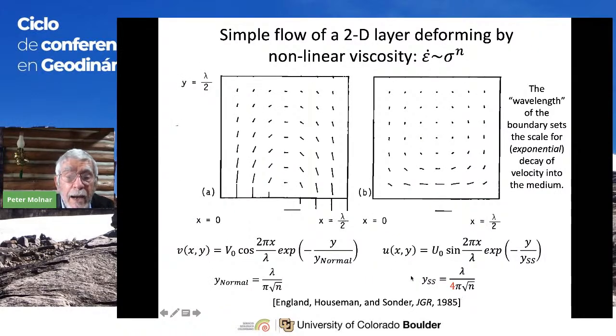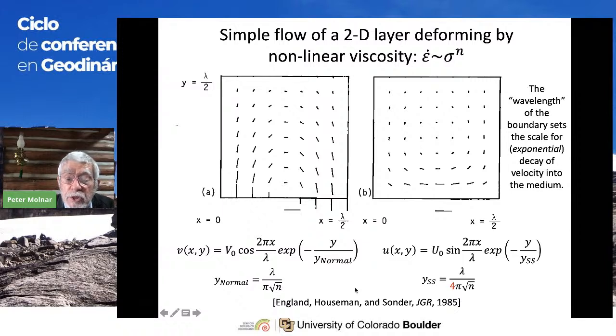And I go back and remind you that if you have indenting boundary conditions, the decay of deformation with distance, y normal, is much greater than if you have strike-slip boundary conditions. In fact, I think I didn't show you this before, but the value of this exponential decay constant depends on the wavelength, of course, the width of the deforming zone, but it also depends on the value of n through the square root of n.